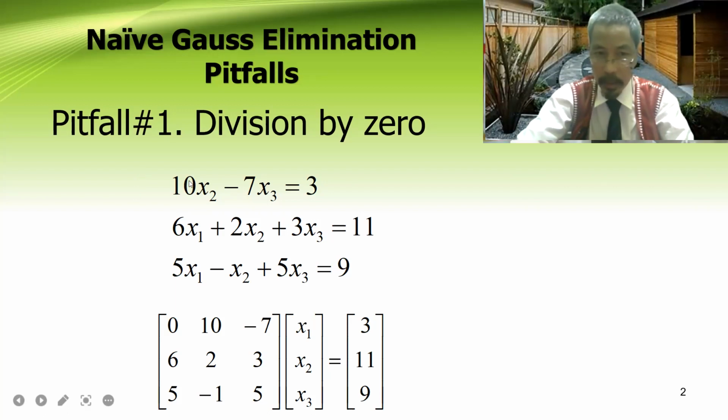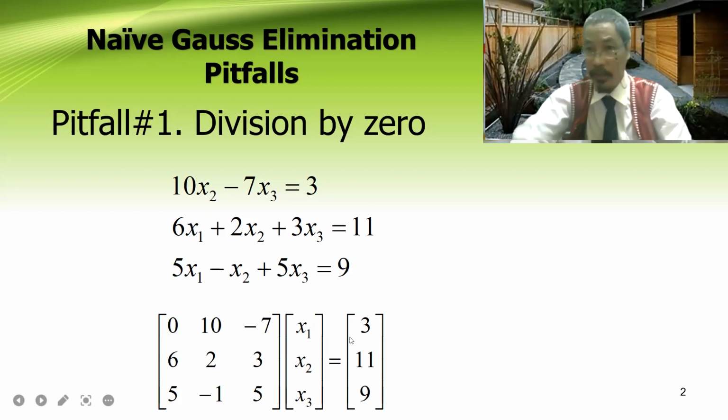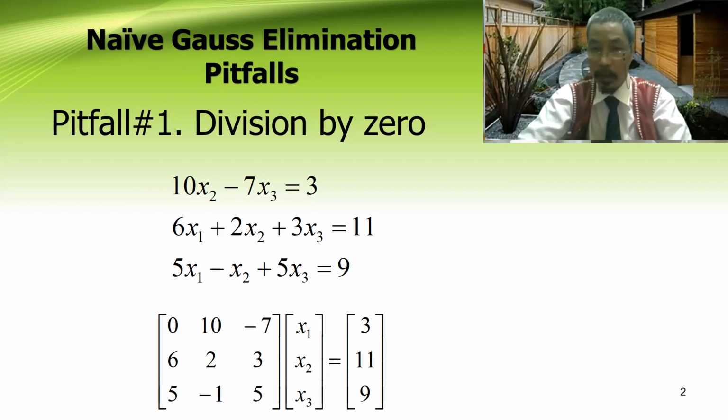Therefore, 0, 10, -7 is equal to 3. For the second equation, 6, 2, 3, and 11. For the third equation, we have 5, -1, 5, and equal to 9. So we completed the matrix format of the simultaneous equation. So this simultaneous equation is just equivalent to this.